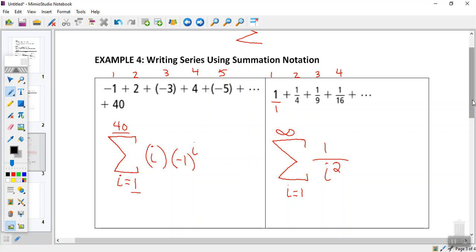What's the next number going to be in this sequence? 25. 1 over 25. Why did I put 1 down here? Because that's what you start with. Because that's the first term. Why did I put infinity up here? There's no end to it. Okay? You alright with that?